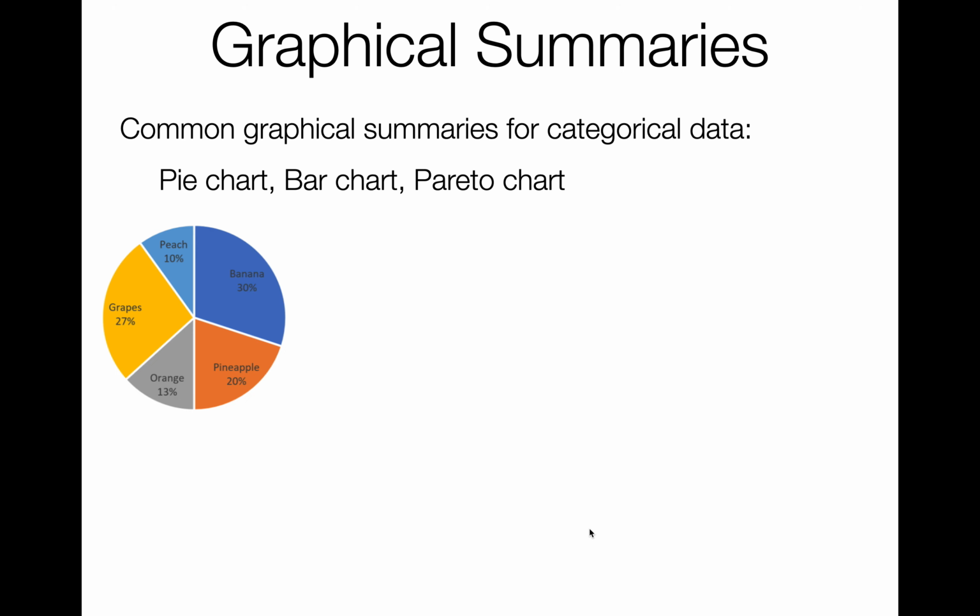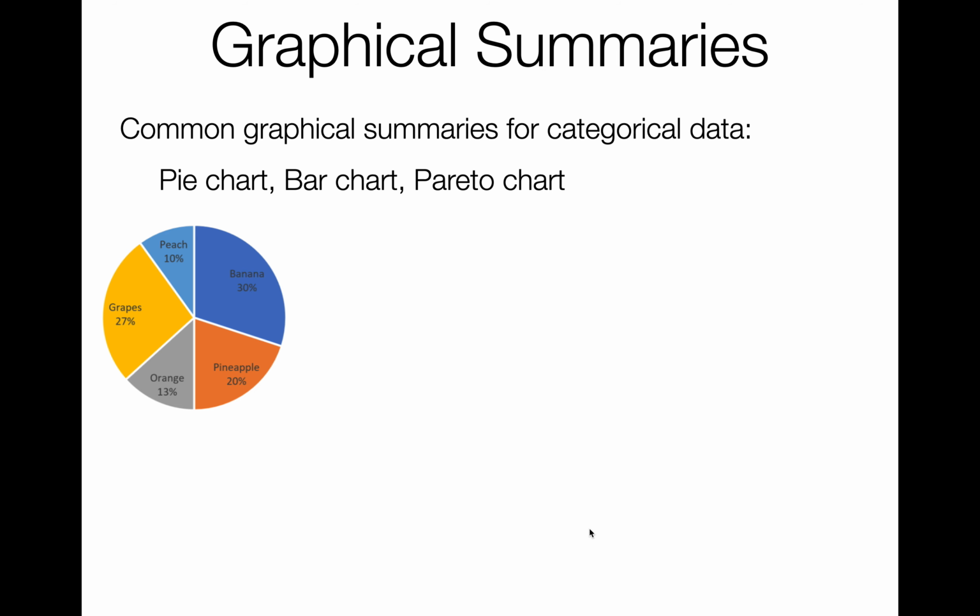So here's a pie chart. You probably know what a pie chart is, at least vaguely. They take the proportions that you find in a frequency table and make that the proportion of a whole, where the whole is a circle. And so portions of this circle, or portions of the pie, correspond to different categories of the categorical variable.